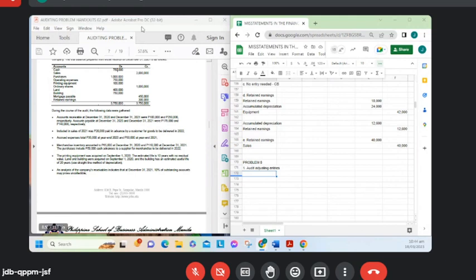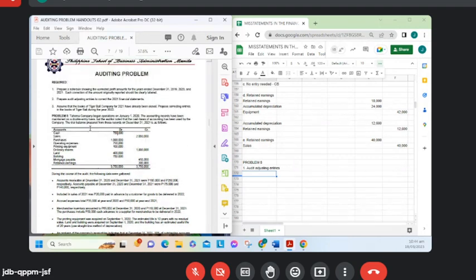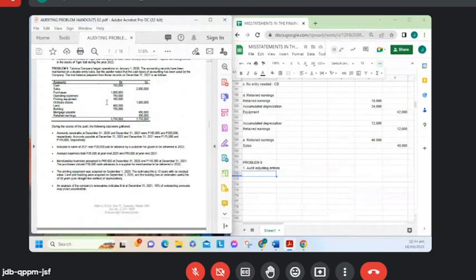So if we look at the trial balance, there is sales of 2 million, cash sales being the earnings. This is cash basis pala, sorry.